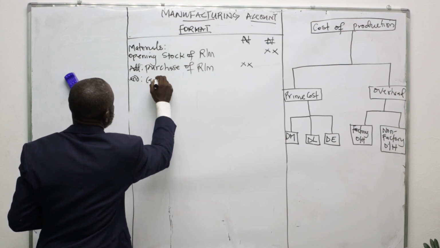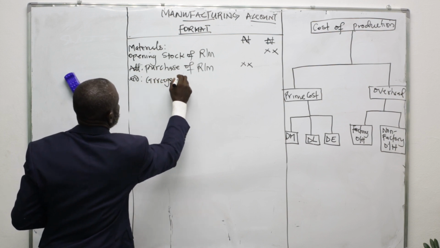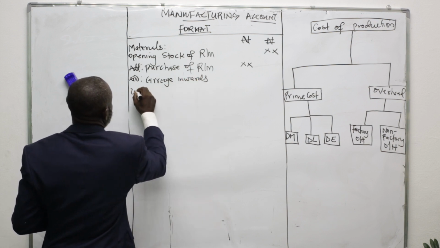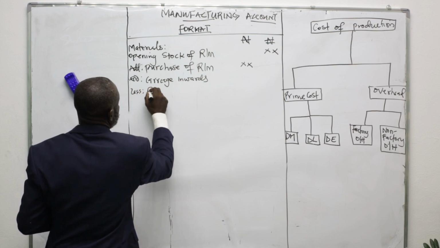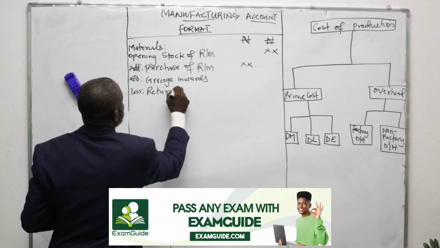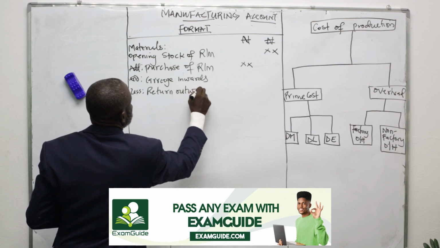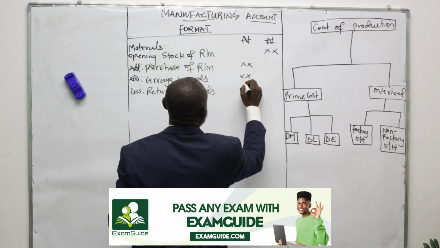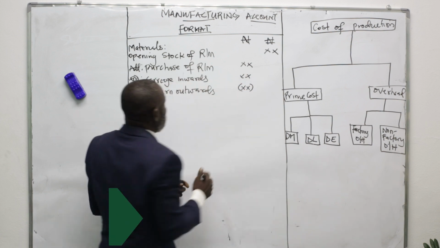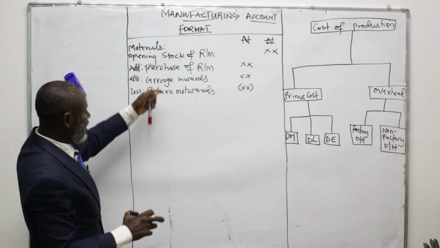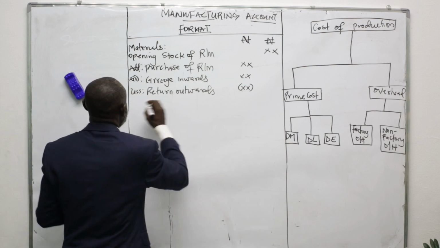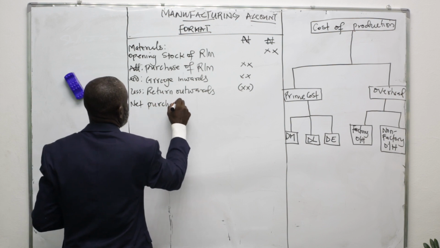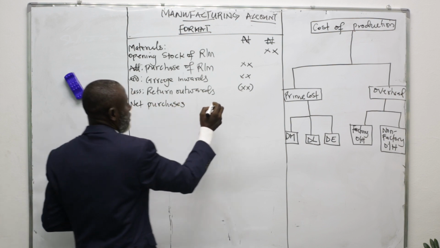So we have carriage inwards, and then you less return outwards. Now, the outcome of this addition and subtraction will be net purchases.